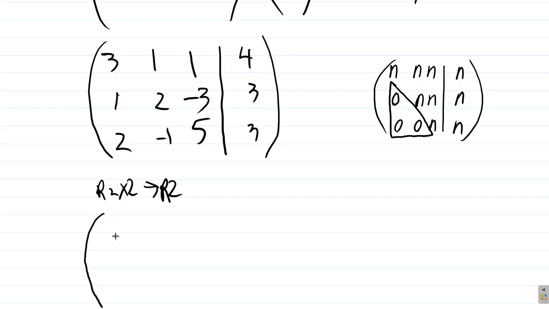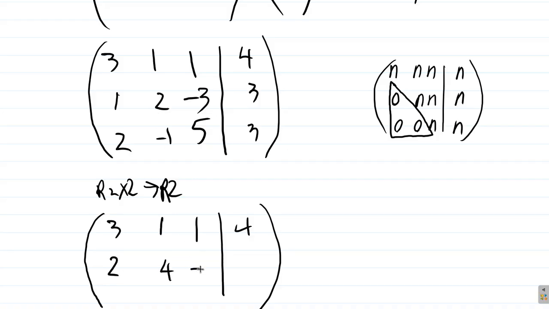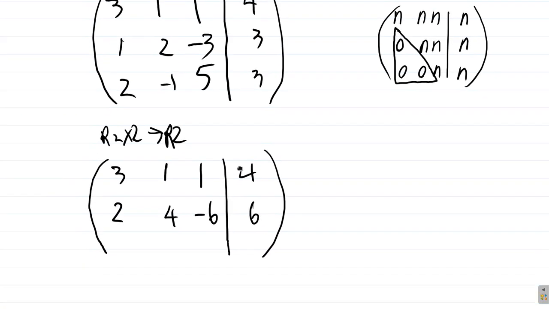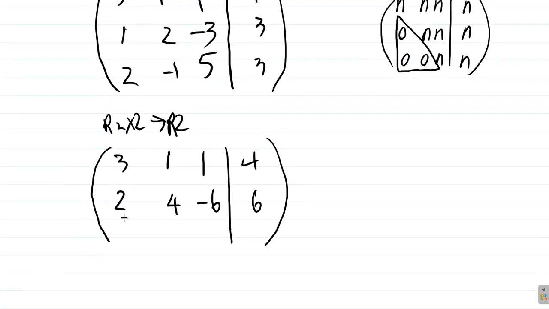So here now, you have 3, 1, 1, 4. 2 times 1 is 2, 2 times 2 is 4, -3 times 2 is -6, 3 times 2 is 6. Okay, so there we are with row 2. Write back our row 3, 2, -1, 5, 3. Okay, so there we go.